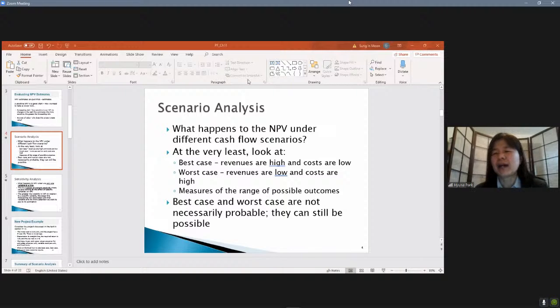In chapter 9, you learned many capital budgeting methodologies, and it was important how to apply the capital budgeting tools. That kind of analytical skill was important.